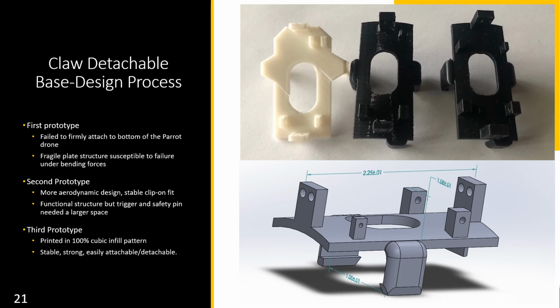The first prototype failed because the structure and the printing pattern were not tough enough for the bending pressures, and it was also a fragile structure itself because it was a flat surface. Moving on to the last prototype, we had a much larger base. We had much tougher towers where the other components will be attached, and also a larger space on the inside of the face in order to make the components larger.